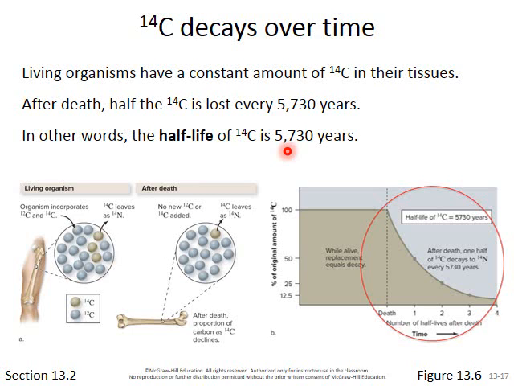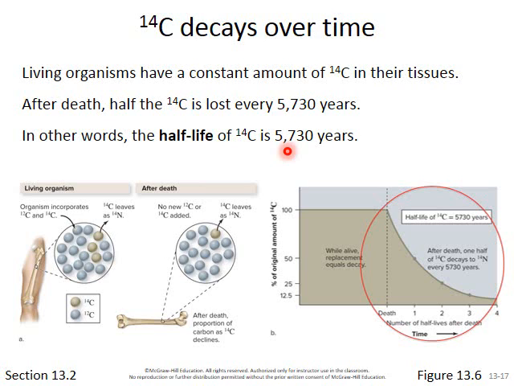And so if you take a fossil and you don't know how old it is, and you look to see how much carbon 14 is in that fossil, then you can calculate how old it is, because the assumption here is that whatever the amount of carbon 14 that's in living organisms now was in that organism when it was alive.